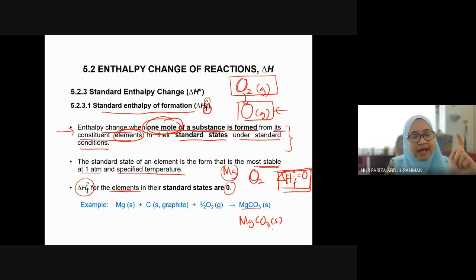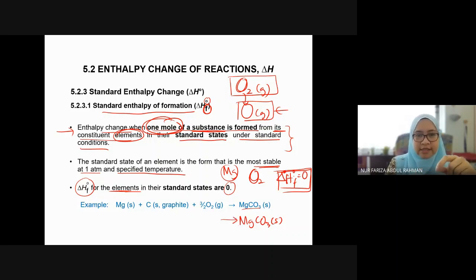Kenapa? State akan affect the enthalpy, the energy. So without the state, kita tak tahu energy ni represent tak the equation. So that's why without the state, markah akan ditolak. Okay, alright, magnesium carbonate is in solid state. Okay, you kena start from the substance itself and then buat arrow.